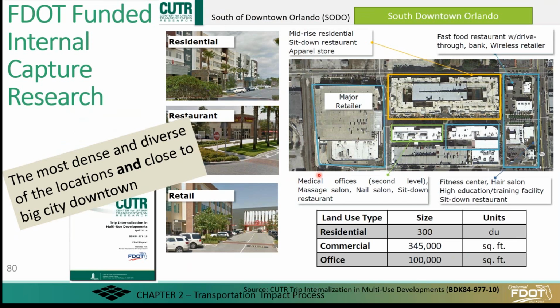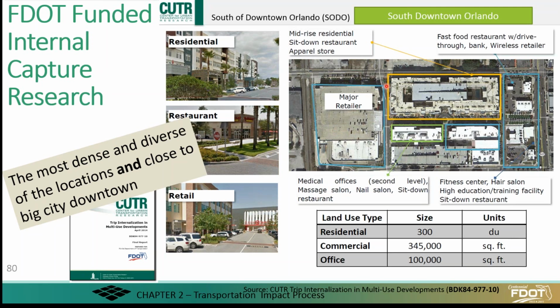So what the researchers did is they stood at each entrance, each driveway. That's called the cordon count. Later on, when I refer to cordon count, it is the count where the researchers or interviewers stood at each entrance and counted the cars going in and out of the development.